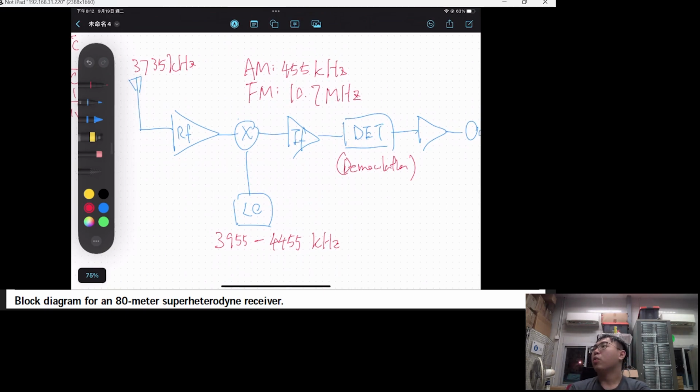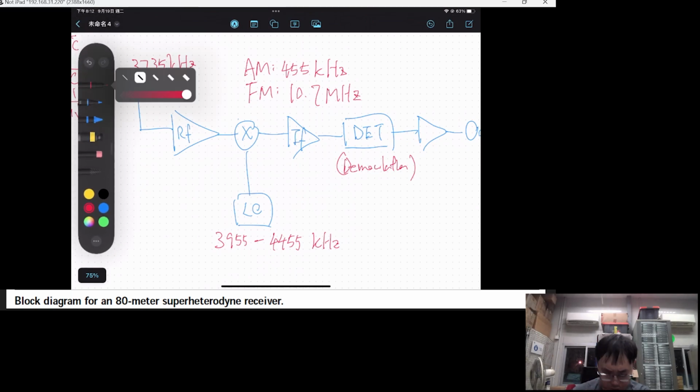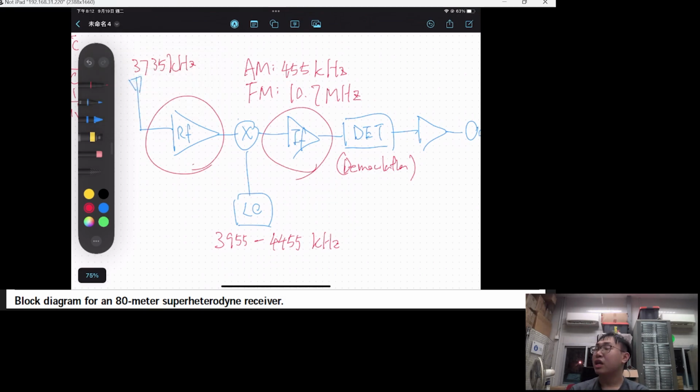It has strong characteristics. So you see that they have RF and IF, which are the RF amplifier and intermediate frequency amplifier.